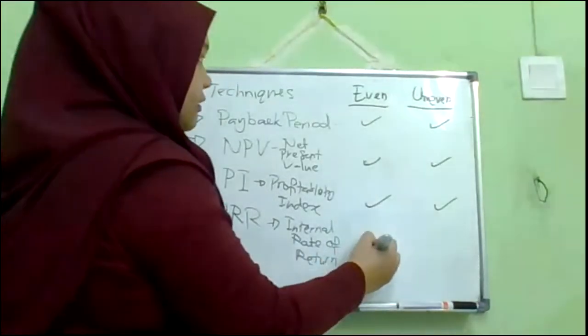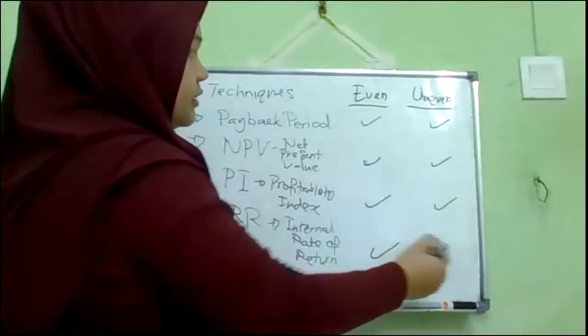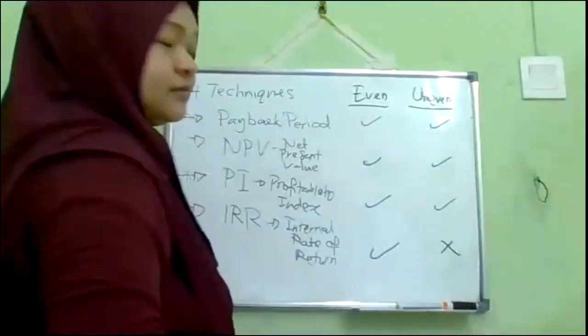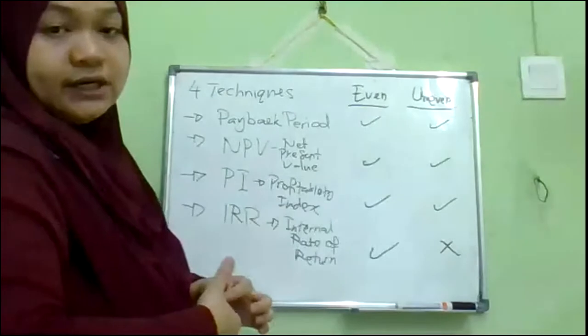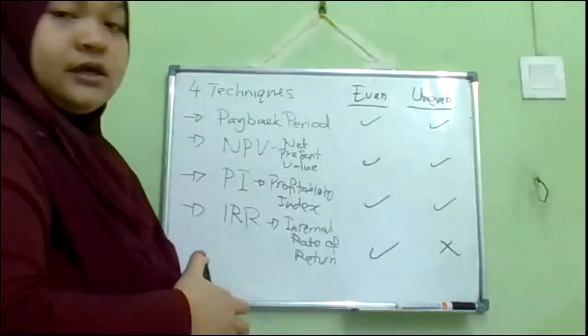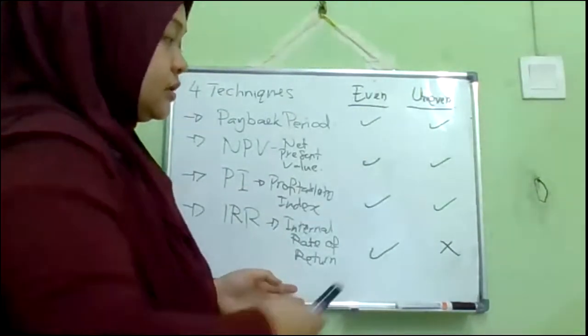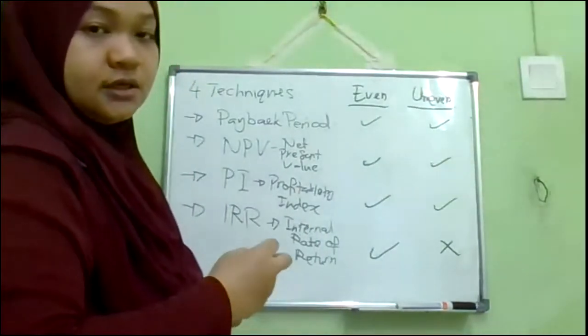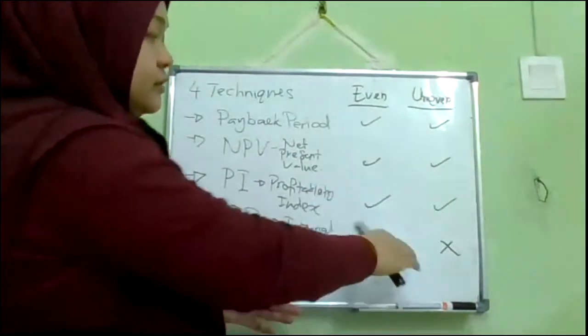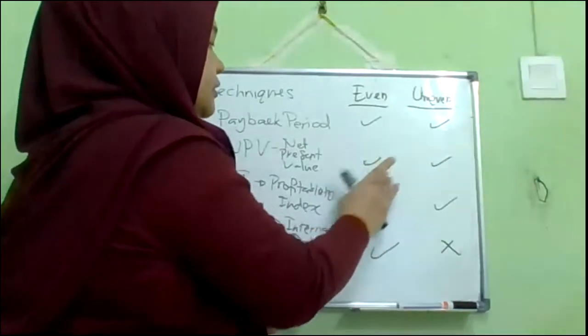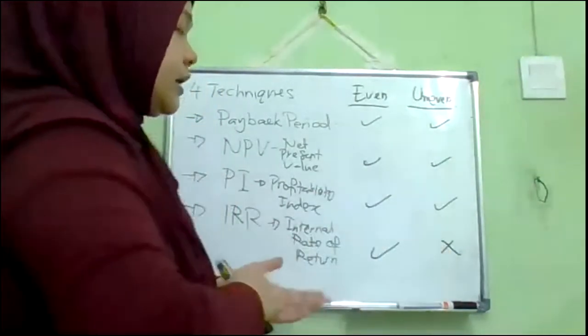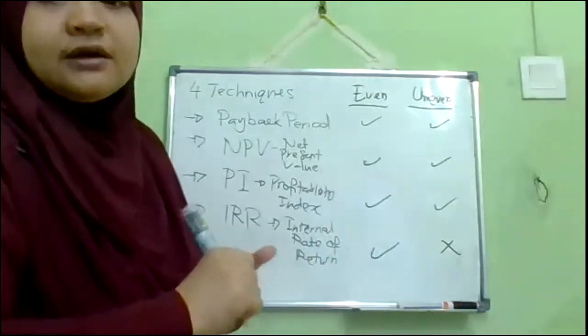Internal rate of return you can calculate for even, but you cannot calculate for uneven, because usually we will use a scientific calculator to do the calculation. Because we just calculate manually, we cannot calculate it. It's not in your syllabus to calculate uneven internal rate of return.